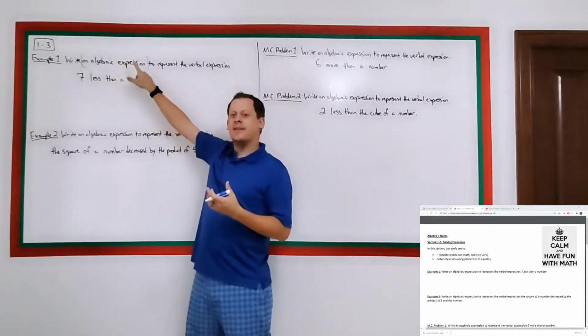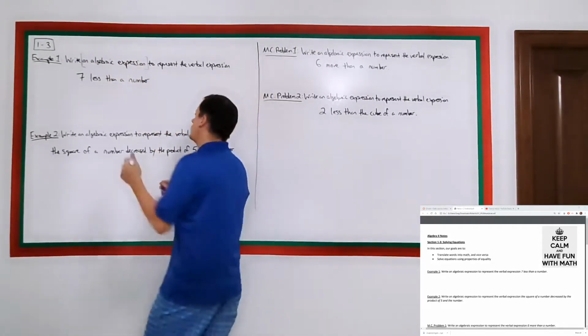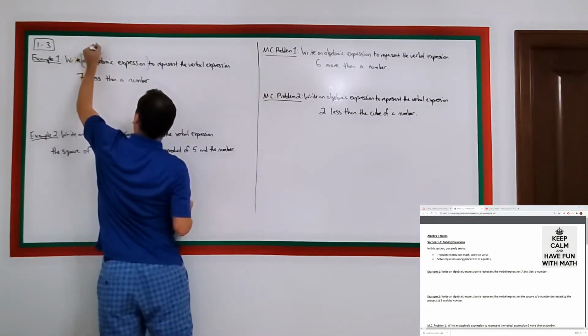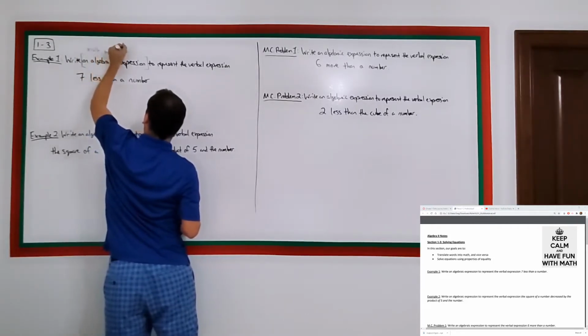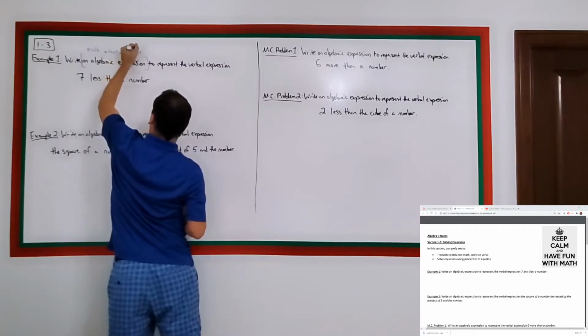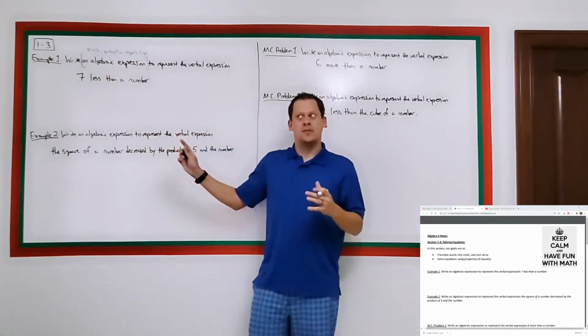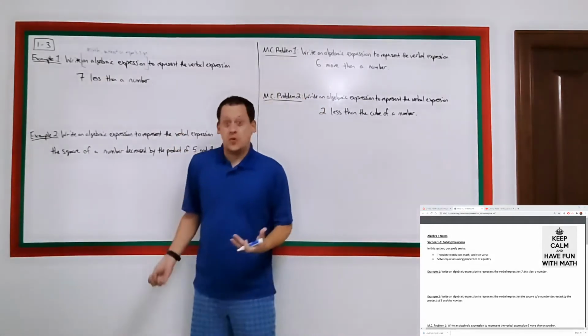An algebraic expression is math without an equal sign. Okay, so we are interpreting these words so that we can find out what they want us to do.